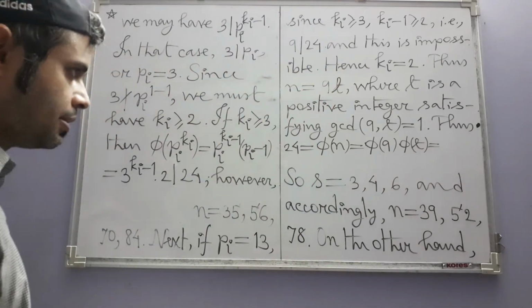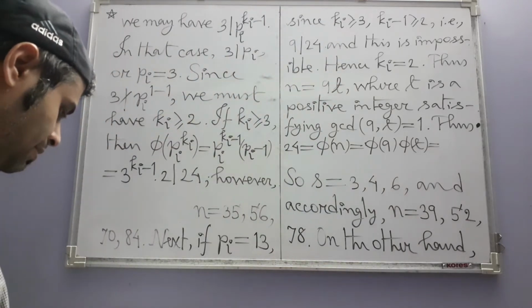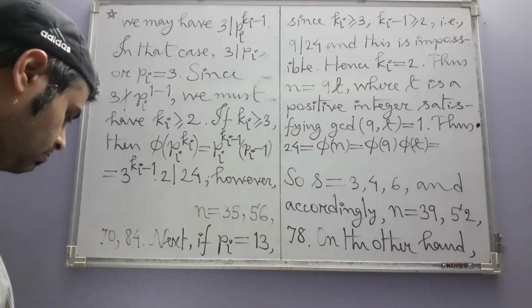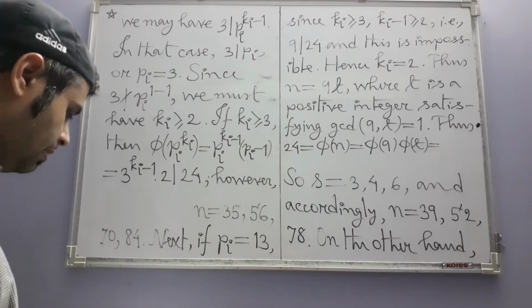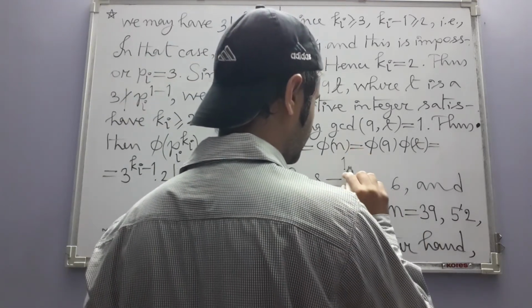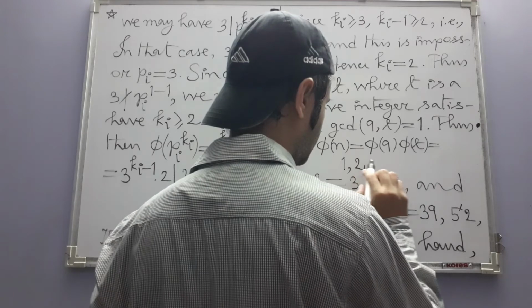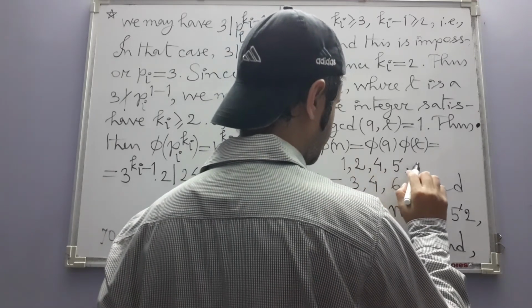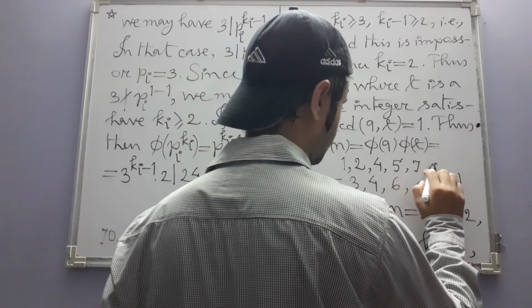And phi of 9 is, I think, 6, no? Because these are the positive integers less than 9 and relatively prime to 9: 1, 2, 4, 5, 7, 8.